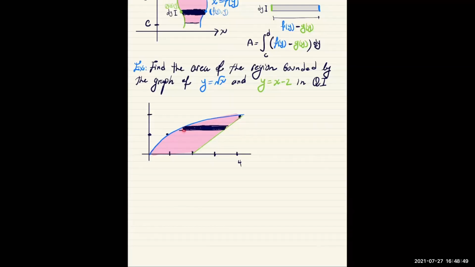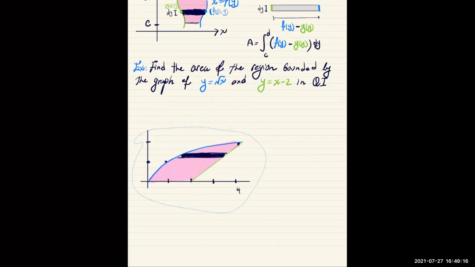Since this is horizontal, you have to find the difference between the 2 x values, not y values, but x values. So how do you get x? Well, you go back to your curves and you solve these for x. They're solved for y. You need to rewrite them in terms of x.